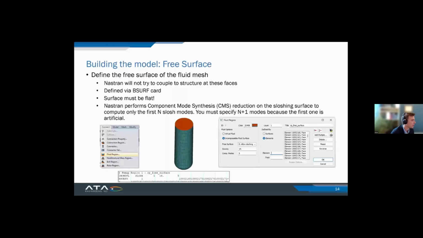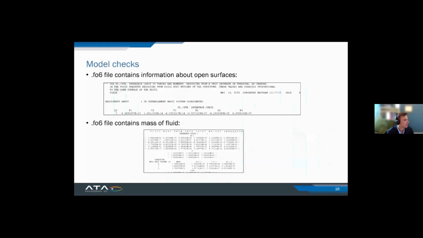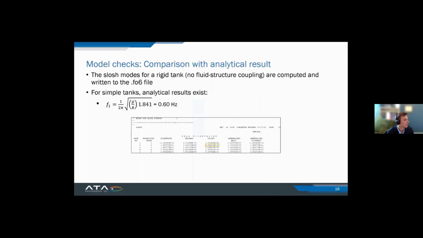The easiest convergence study you could do is, if you look at your results of your slosh modes, these should mostly match your theoretical equation. These are the slosh modes in that component mode reduction, which don't have any fluid structure interaction, it's just slosh itself.